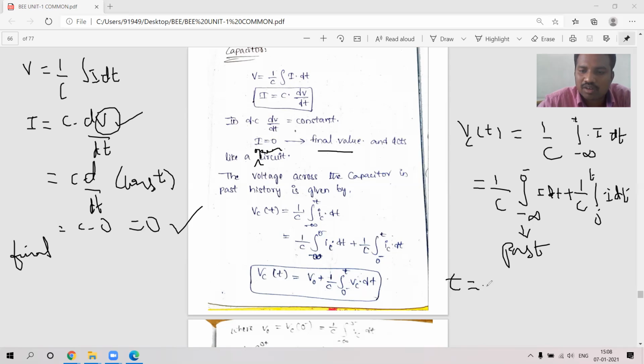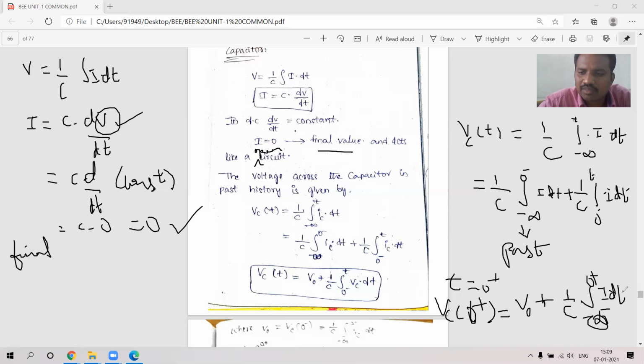That means when the switch is on, if I substitute t equal to 0 plus, what will be the equation? This is Vc of 0 plus only, no? This is t is 0 plus, and this past one I'm considering as V naught, because it is a voltage formula only. Past voltage, that is V naught plus 1 by C integral 0 minus to 0 plus I dt.